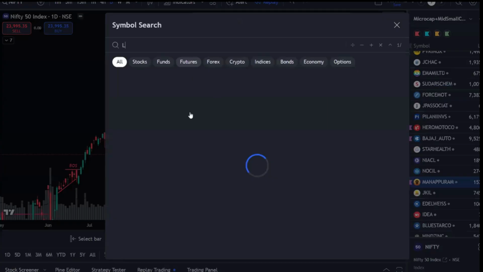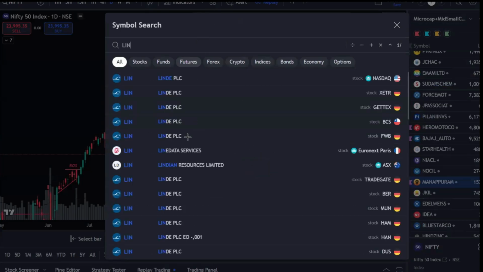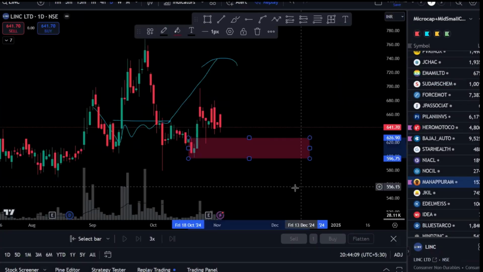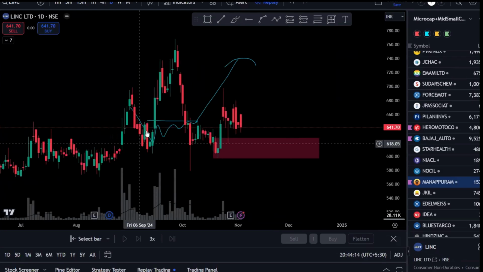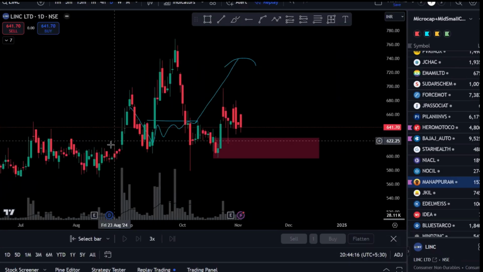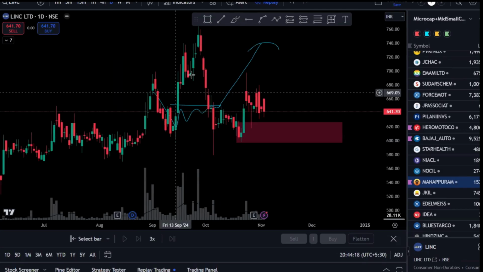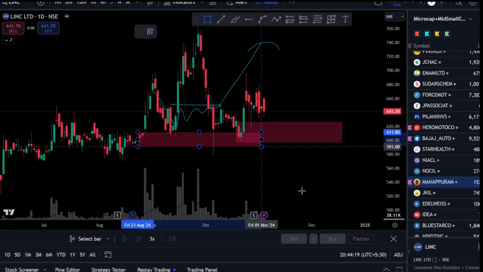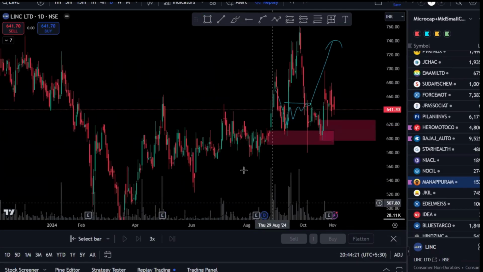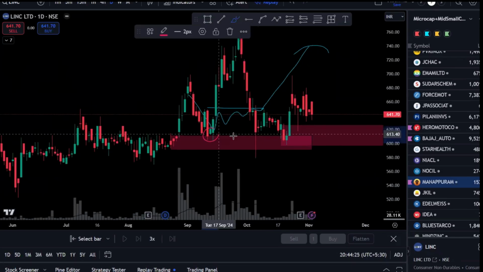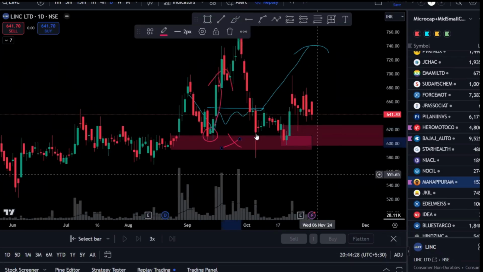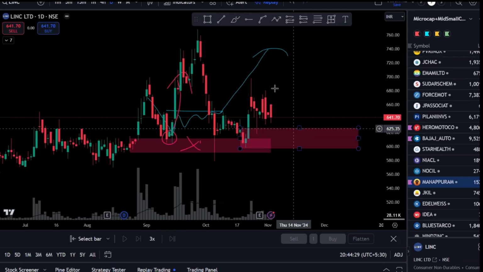I drew the order block of the 23rd August candle. No, this is not a proper order block right now. This has been tested, the price already reacted, so this doesn't qualify for a good order block right now.